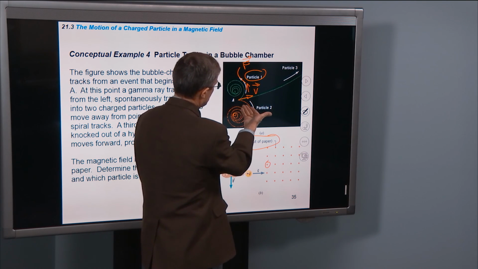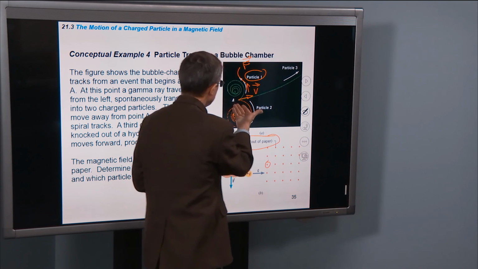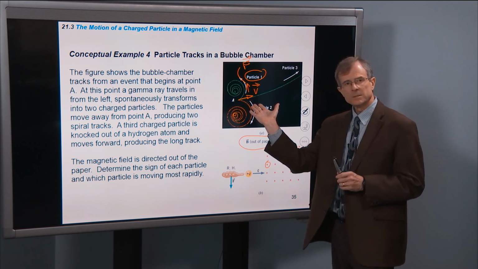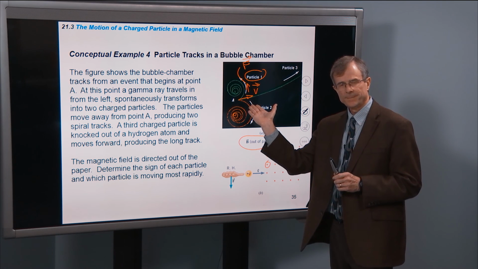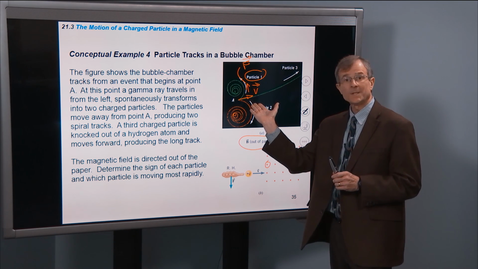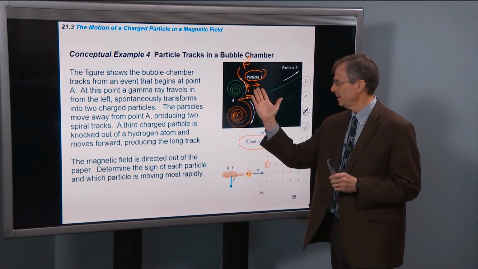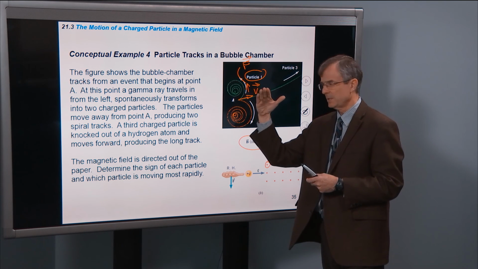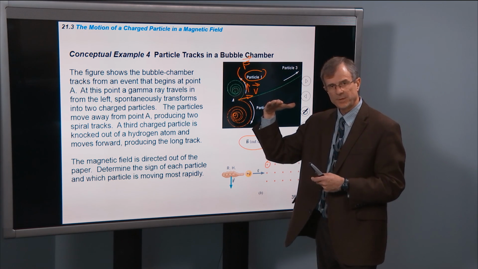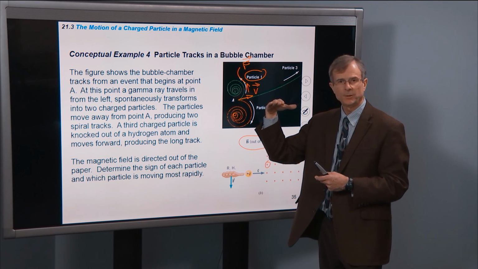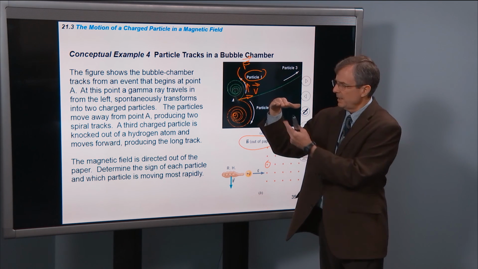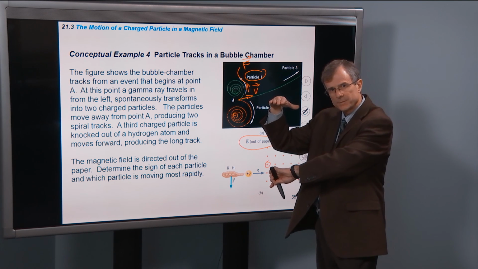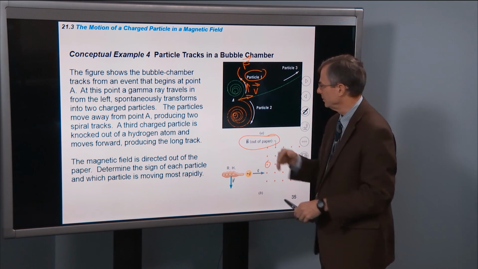I've got to put my thumb in the direction of the velocity, and then I've got to put my fingers in the direction of the magnetic field. Well, what's the direction of the field? It's out of the paper, out of the screen. So I've got to orient my hand while keeping my thumb pointing in the direction of the velocity, orient my hand until my fingers are pointing in the direction of the magnetic field, which is out of the screen. And then the palm of my hand gives the direction of the force on a positively charged particle.